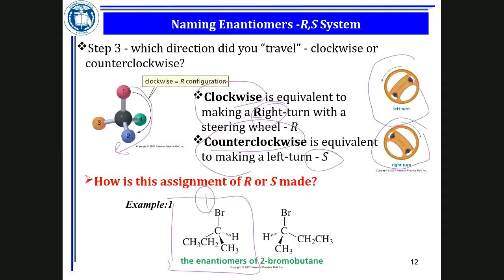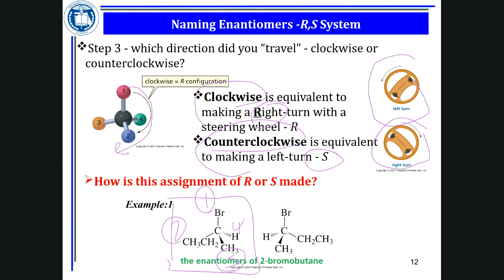Ethyl group is 2, and then priority 3 would be the methyl group, and 4 would be hydrogen.